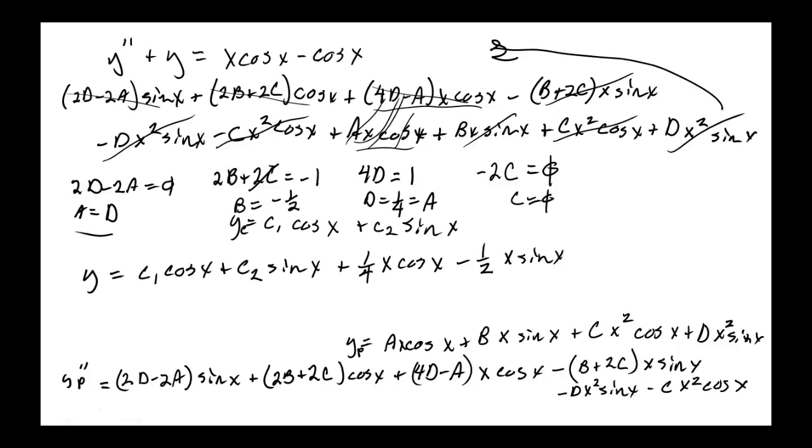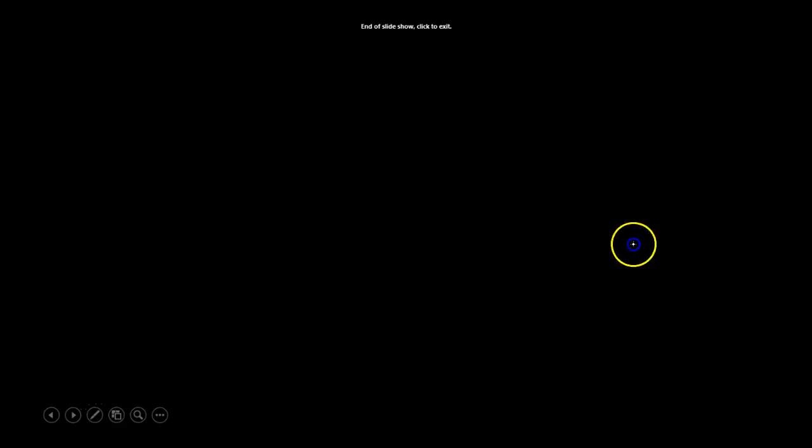C is 0, so we don't even write that down. D is 1/4, so plus 1/4 x squared sine x. I wrote it in the wrong place. Sorry about this.